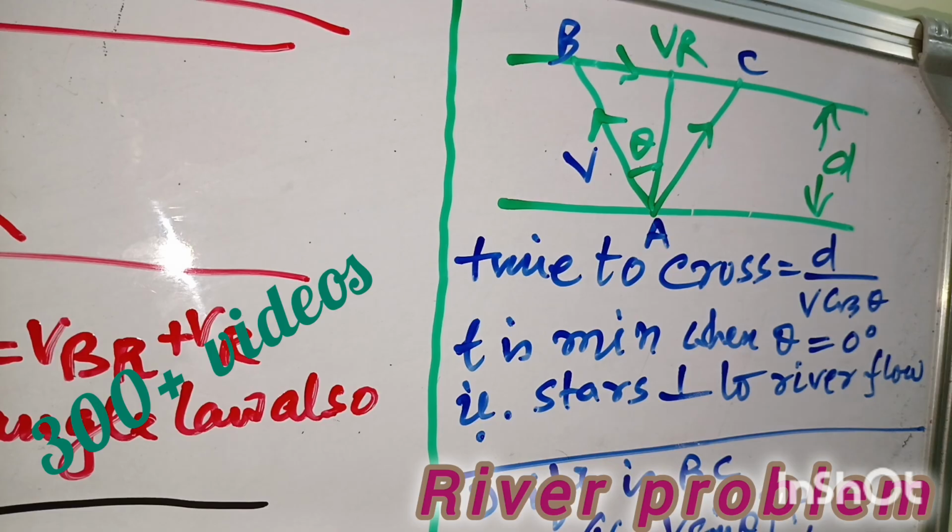That means if he starts perpendicular to the river flow, his time to cross will be minimum, but his distance travelled will not be minimum. Distance travelled will be more than the width of the river.